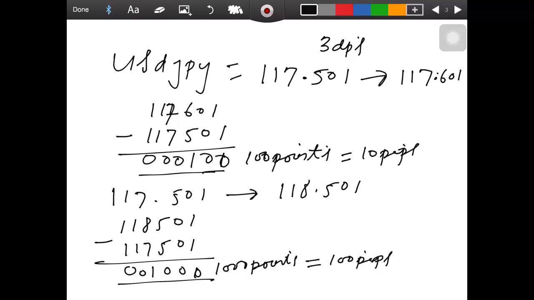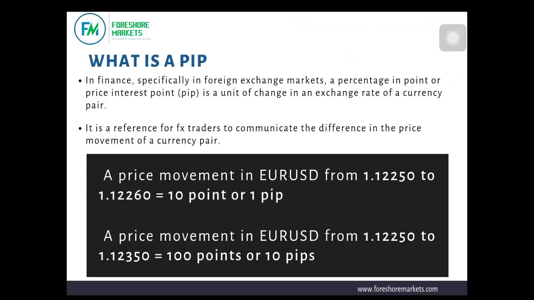Probably there's no need for me to do a video for experienced guys. Once you do the basic raw calculations for some time, maybe 1 week, 2 weeks, you will know exactly how to just look at the decimal points, move your eyes, and you will know exactly how many pips the movement amounts to. So that is basically how you calculate your pip, and this applies to all your currency pairs.